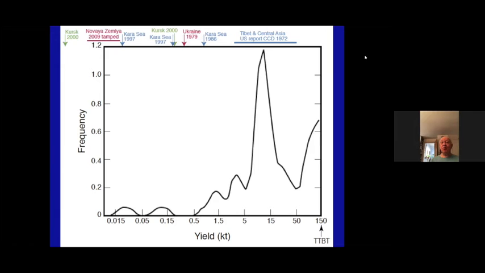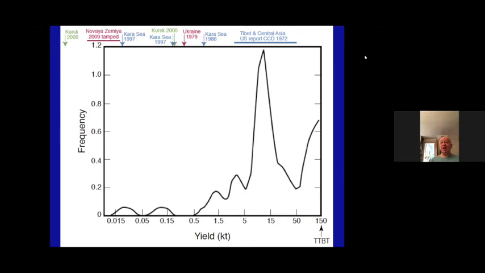Why is this important? Because hydrogen bombs use a plutonium or uranium-235 trigger to set off the hydrogen bomb. So it's important that those triggers be tested. And that's why there are so many here at around 10 kilotons.